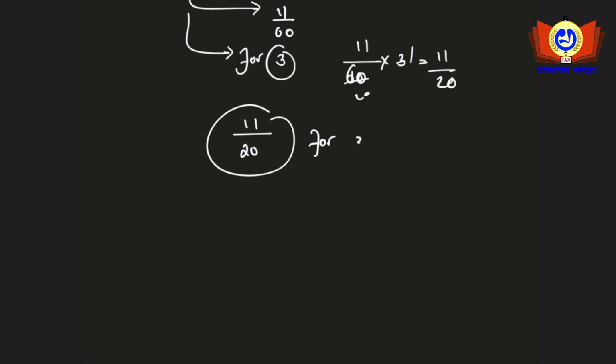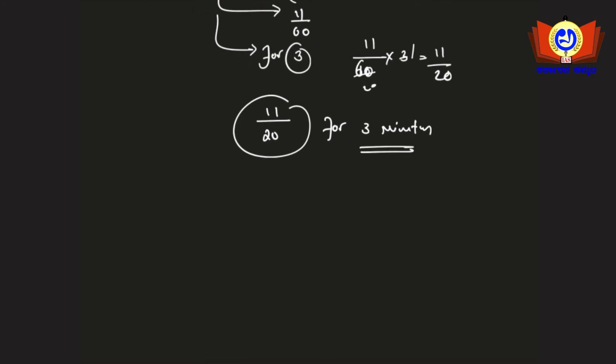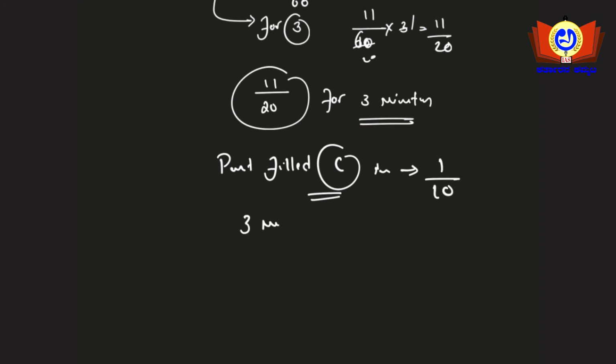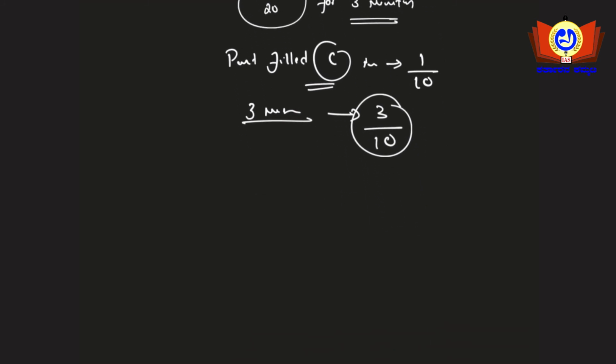And we also know that the part filled by C in 1 minute is 1/10. For 3 minutes, that will be 3/10. Part filled by pipe C in 3 minutes will be 3/10.